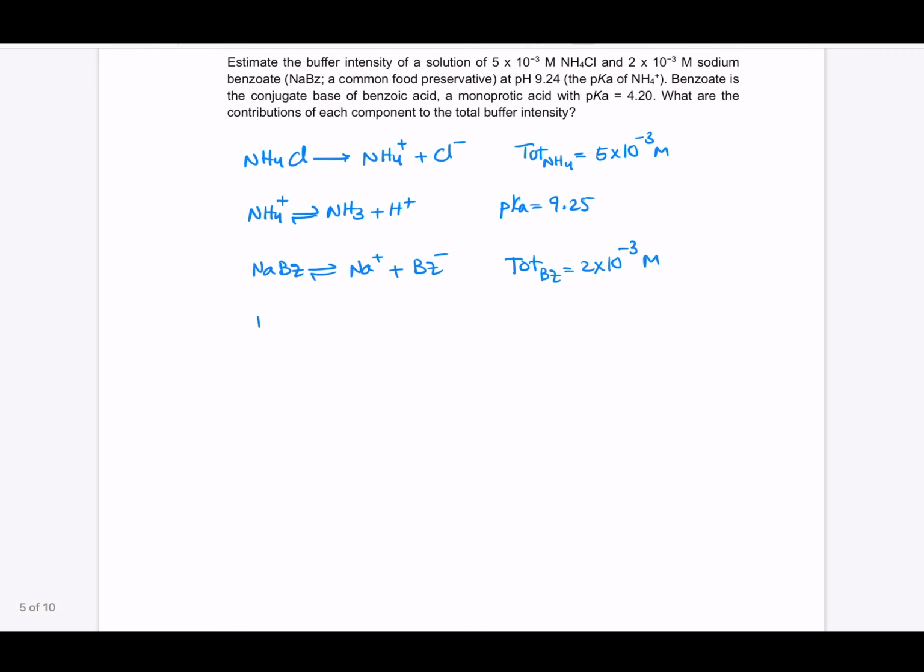And then this Bz is in an acid-base equilibrium, HBz to Bz minus plus H plus. The pKa for this one is 4.20. So those are the equilibria we have once we introduce ammonium chloride and sodium benzoate to the system.